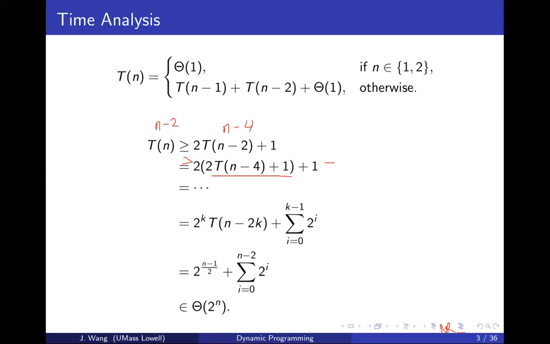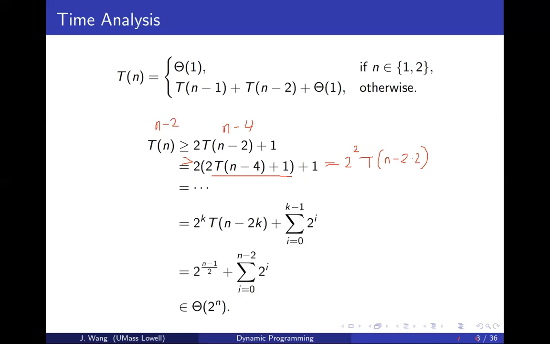So this is equal to 2 to the 2's power times T of n minus 2 times 2, because the 4 is equal to 2 times 2.